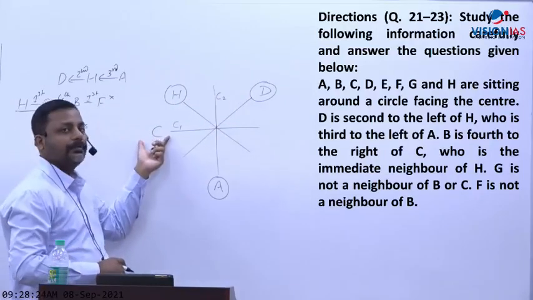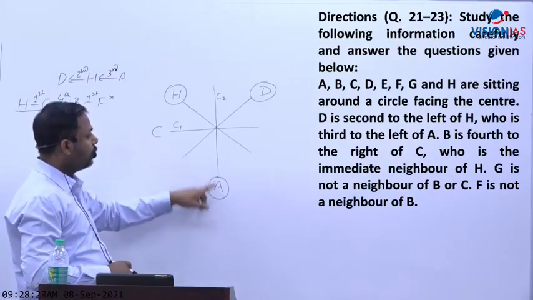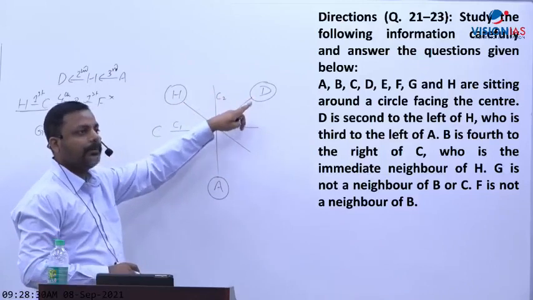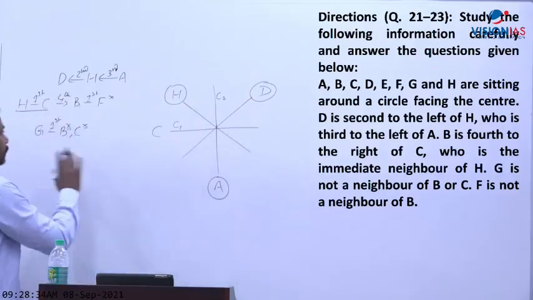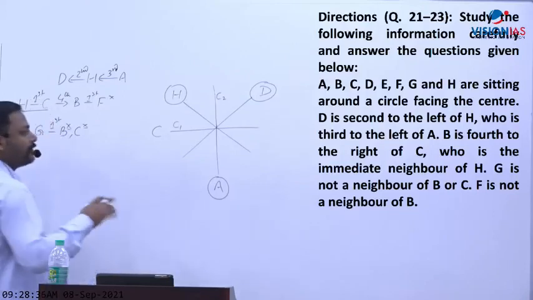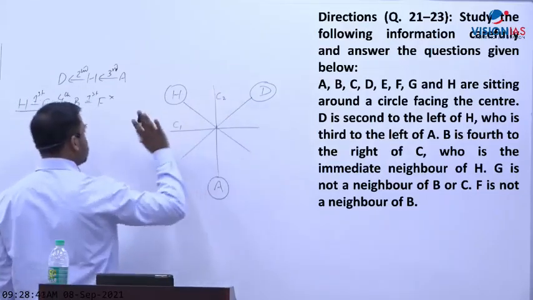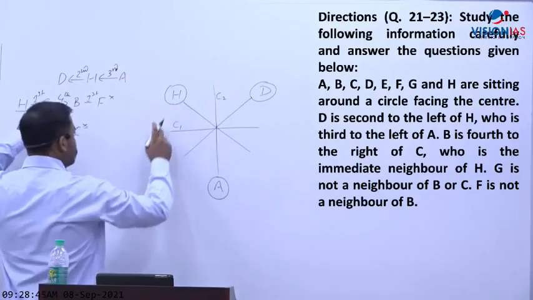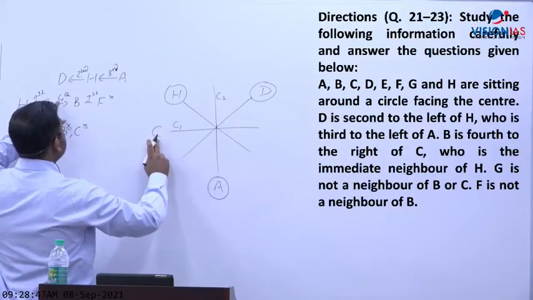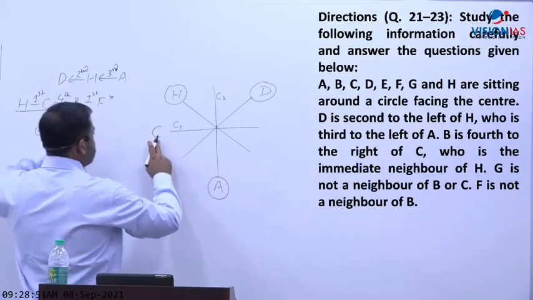If this possibility goes wrong, we will not delete this information; we will delete the rest of the information from the formation. This is the way of checking the possibilities. So A, H and D are already placed, and since we have put C on the right hand side of H, on the right hand side of C at fourth place B is there.